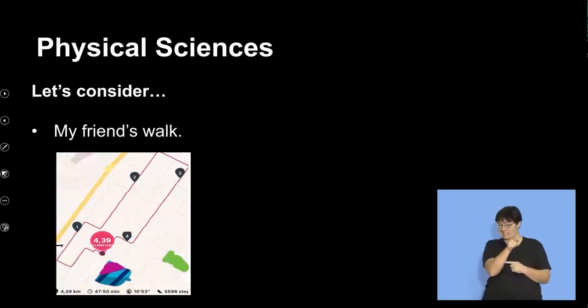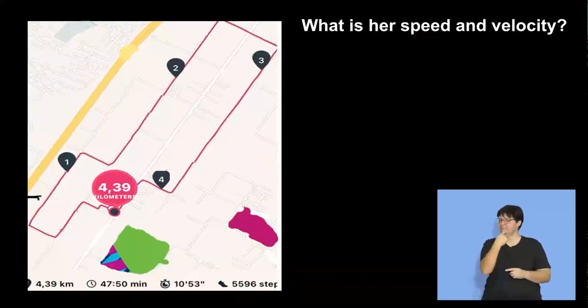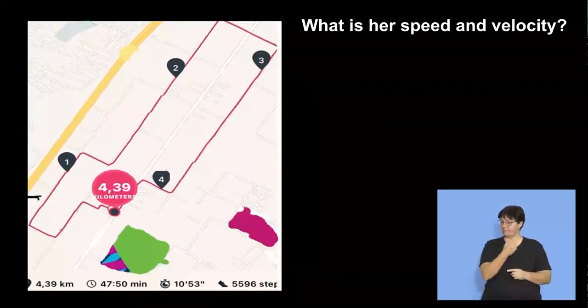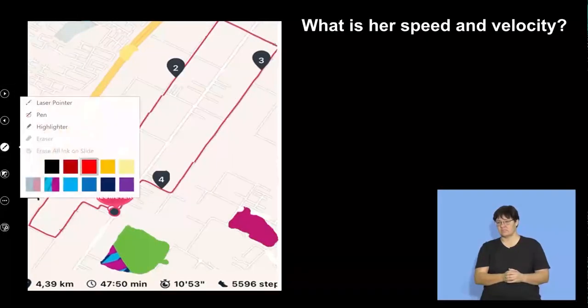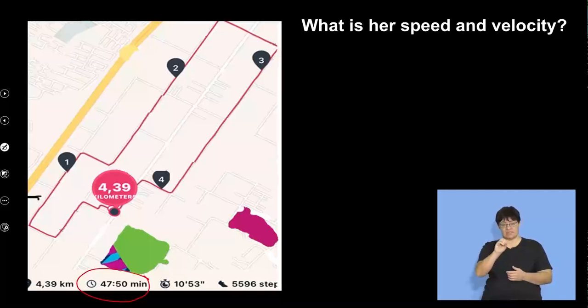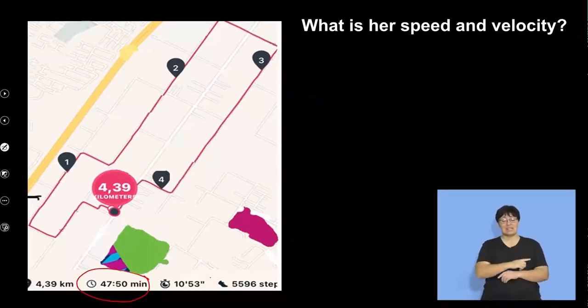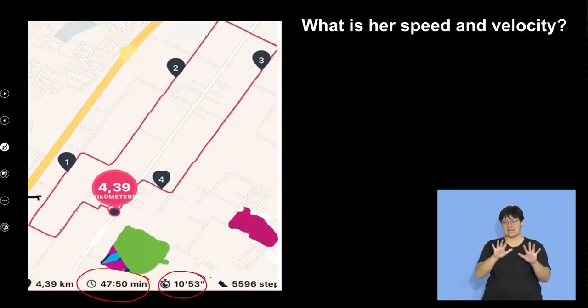So if we look here, we've got her walk, and they say to us, now, look at what the information is at the bottom of this. Okay, so over here, they tell me that it took 47.50 minutes. Her average speed is 10 minutes, well, her rate.